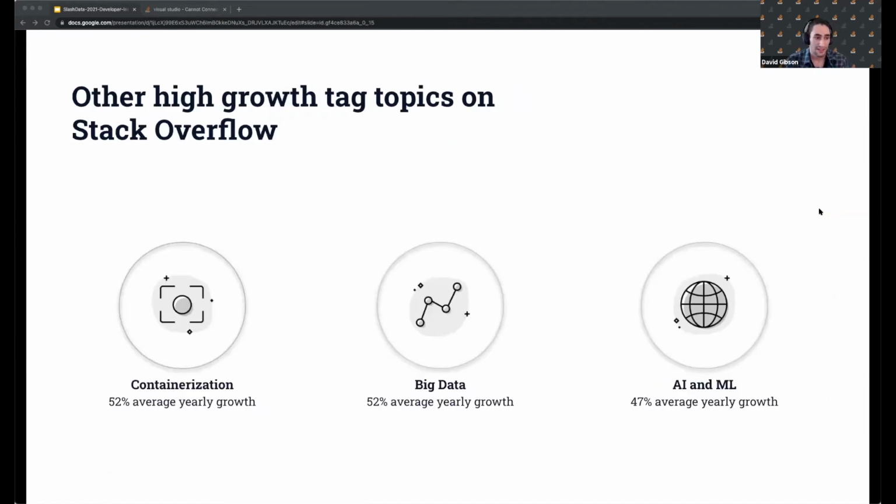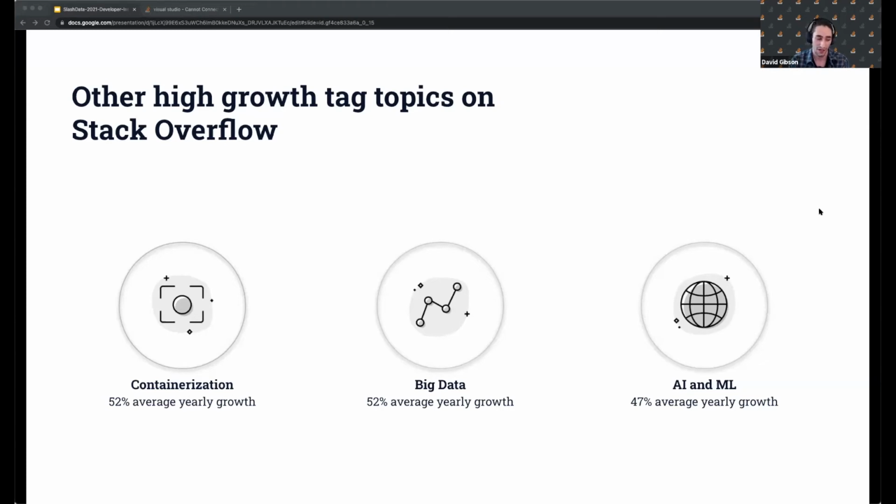There are other topics that unfortunately we won't be able to dig too much into in this session, but that we've seen growing exponentially over the last few years. First is containerization. We've seen a 52% average yearly growth to the tags in this topic.